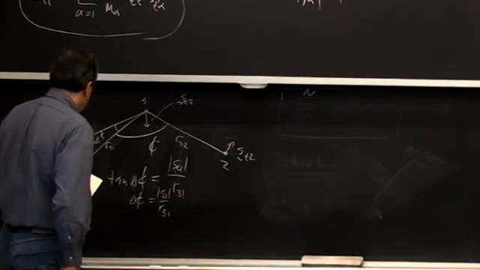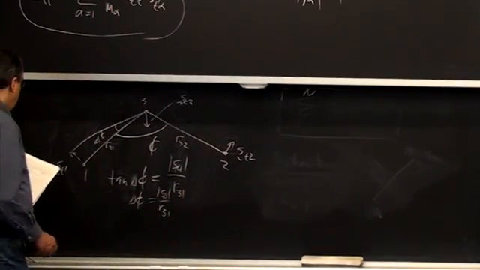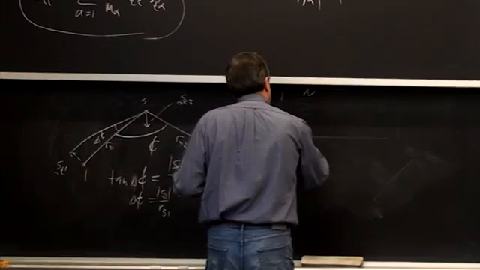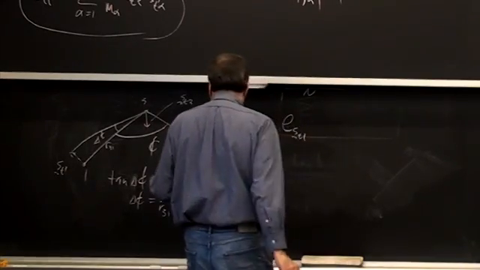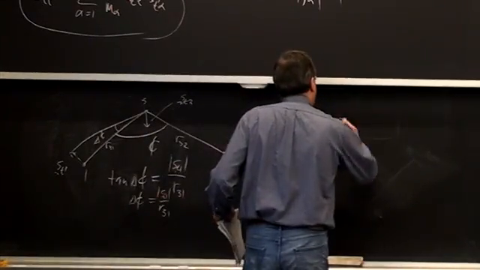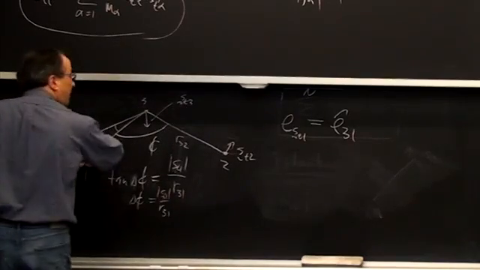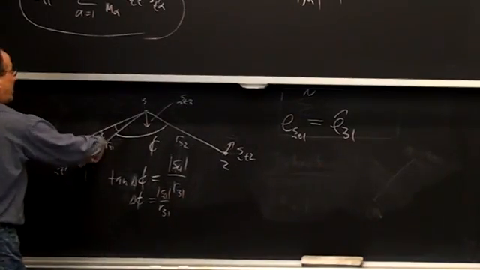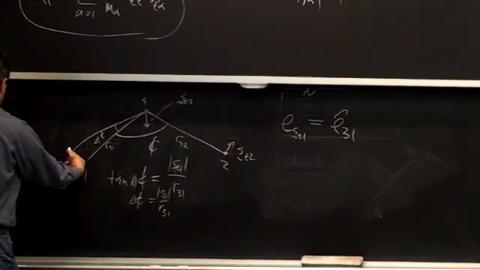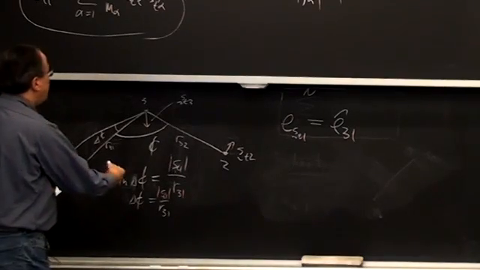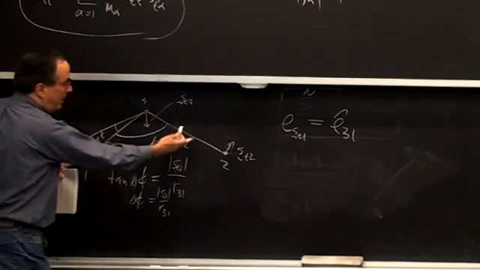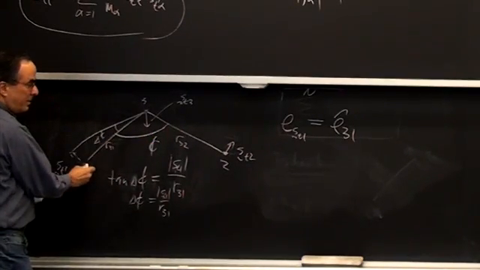Okay, so if we want a vector pointing in that direction, S_T1, we have a unit vector pointing along here, and we want a vector which is in the plane and perpendicular to this.